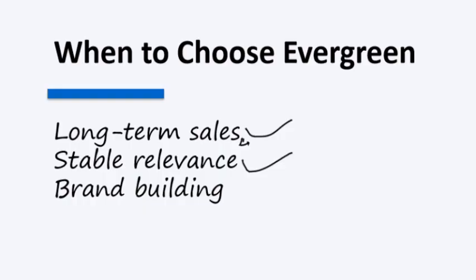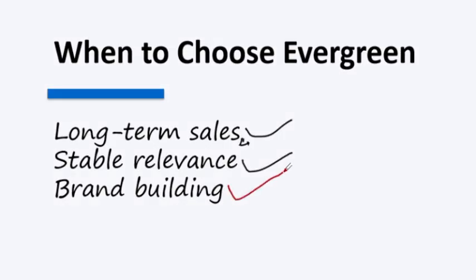I won't mention authors, but you can think of authors who, like I said earlier, have written their books years ago, decades ago, and now they are still being talked about. They are still relevant till today. So if that is what you want, then you know what you should go for. Then there's brand building also.